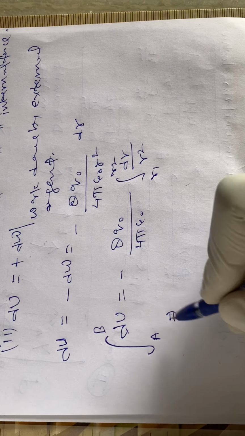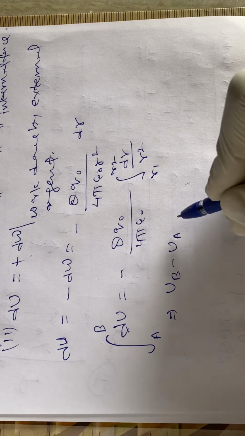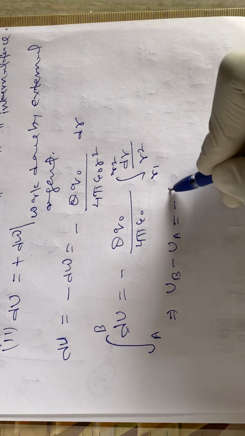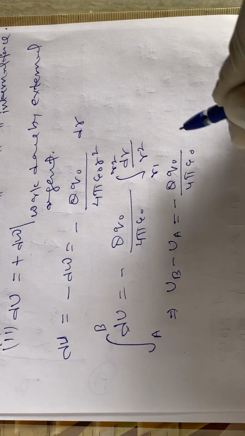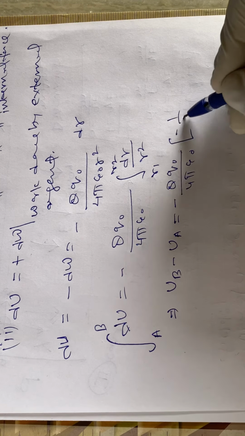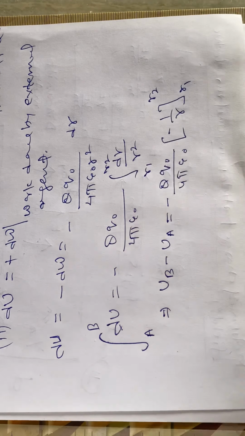This will come out to be UB minus UA equals minus Q Q naught over 4 pi epsilon naught, times minus 1 over R from R1 to R2.